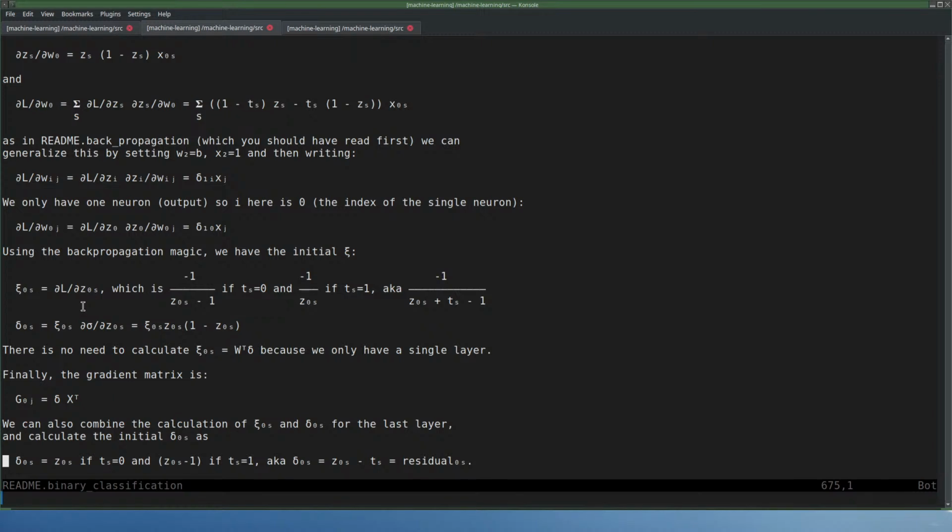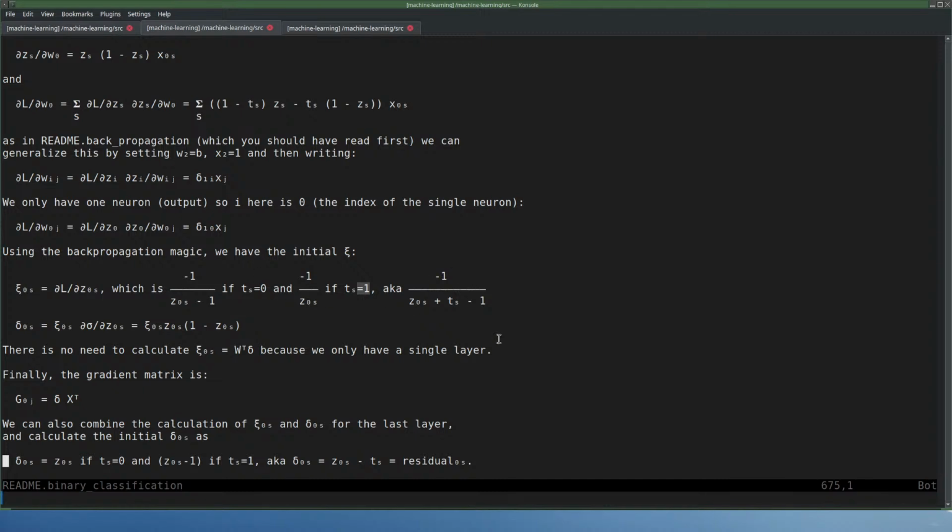And I derived that it is a good idea to use -1 over z minus 1 if the target is red, and -1 over just z if the target is green. And since t is only 0 or 1 and never something in between, you can short circuit that.